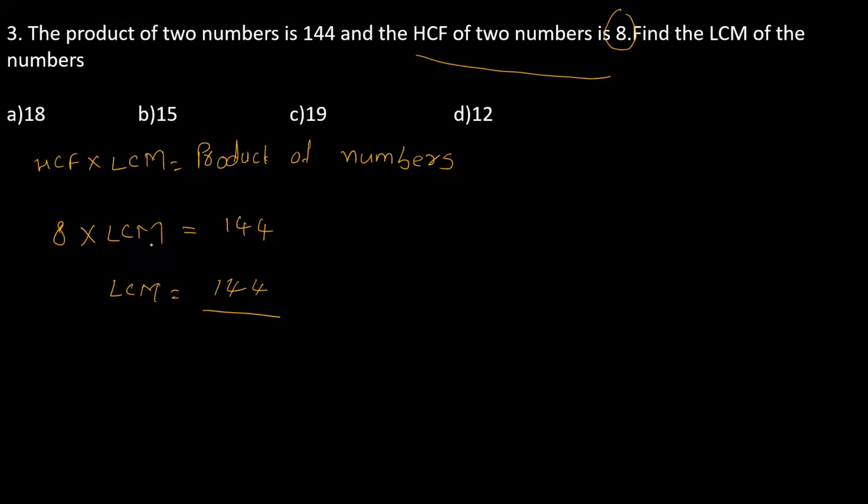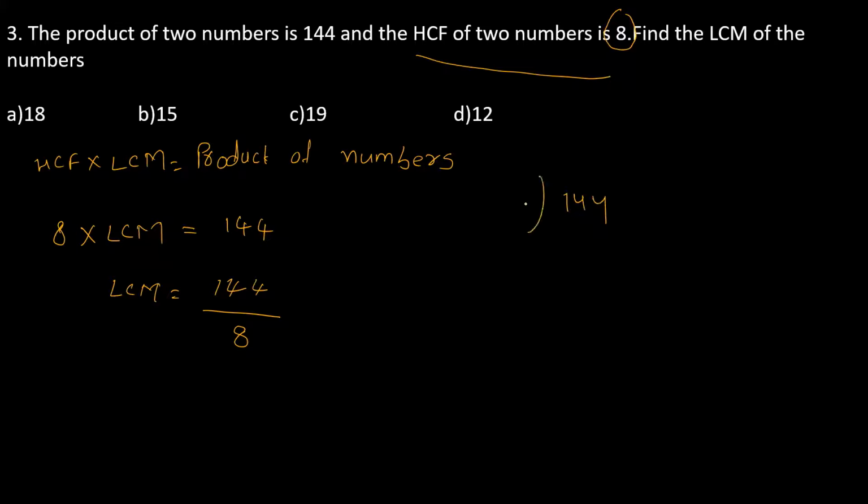I am converting 8 from the left hand side to the right hand side. 8 is in multiplication, so if I write it on the right hand side, it will become division. So LCM is equals to 144 by 8. So you have to divide 144 by 8.